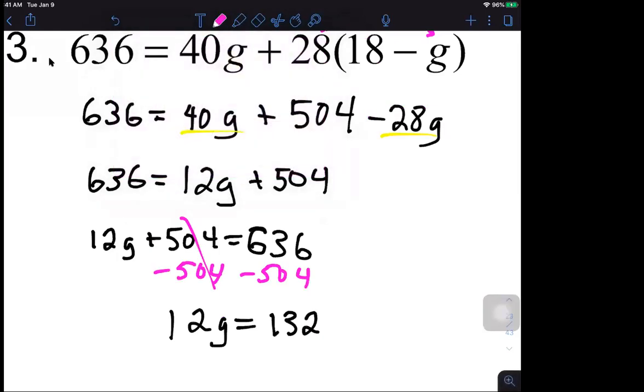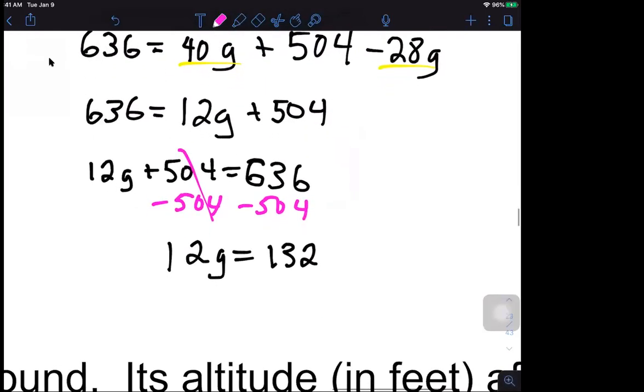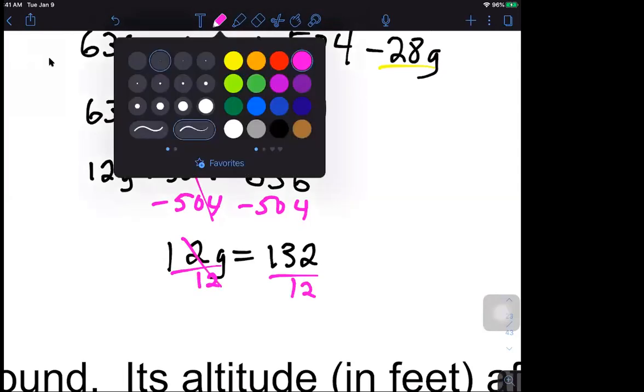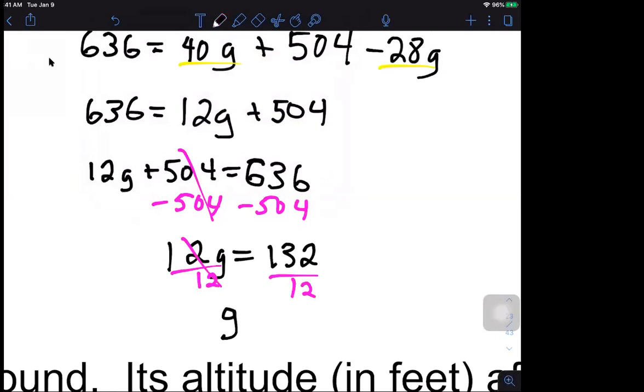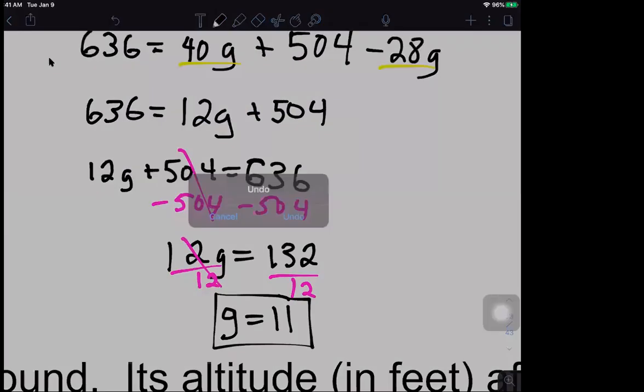Last step. Jason, what's our last step here? Divide 12. Good. What do you get? 132 divided by 12. 11. Good. And that's it. So even though the numbers are bigger, you still follow the same basic steps.